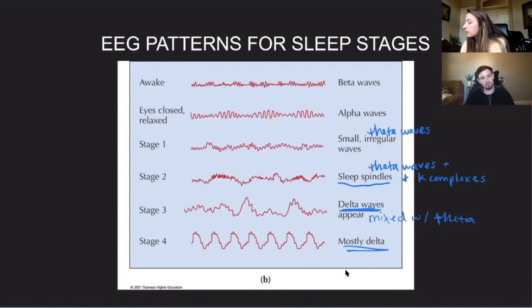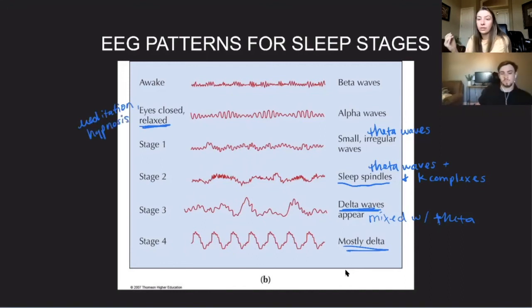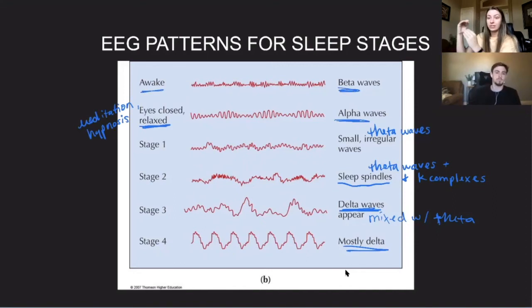Another thing, relaxation. They will give it to you in the way of meditation or hypnosis. Those are really relaxed states, and that's when you see alpha waves. When you're entirely awake, like me and John are now, you have beta waves. So memorize just the waves, because you won't be shown an EEG.